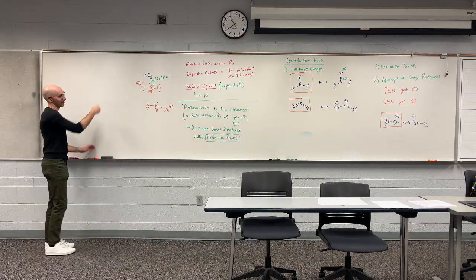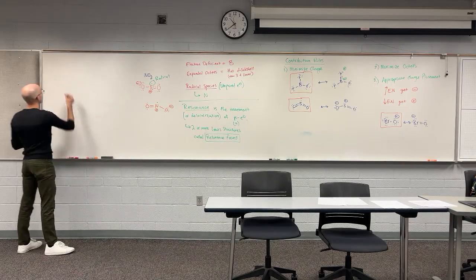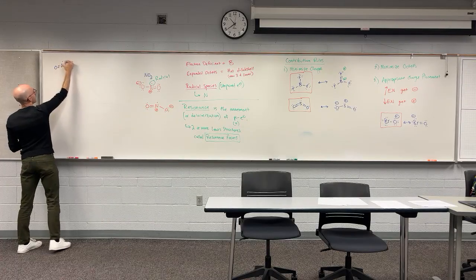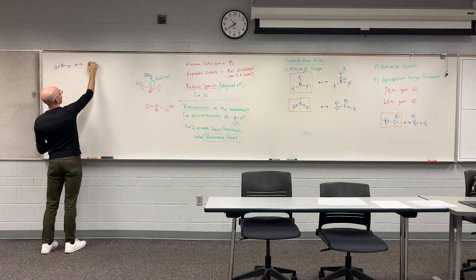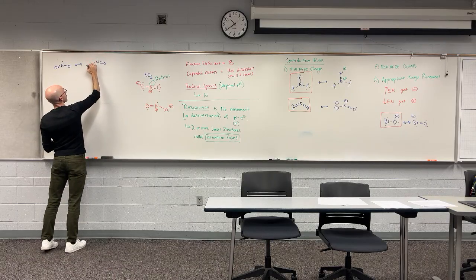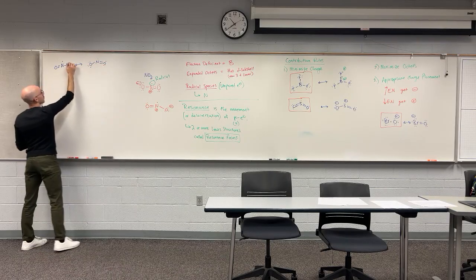So now we look at our NO2 example. Double bond on the right or double bond on the left. How do we decide which of these forms is a more major contributor?